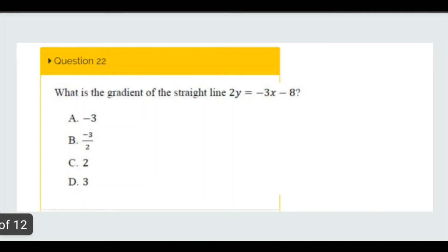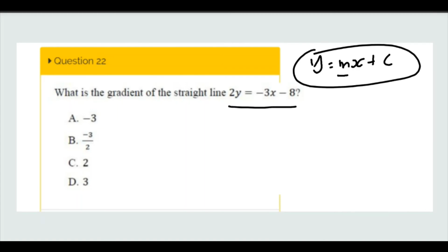So the next one says, what is the gradient of the straight line 2y is equal to negative 3x minus 8? So the gradient, we know for the equation of the straight line, y equal mx plus c, the gradient is m, right? So we got to put this into that form, y equal mx plus c, and m will be the gradient. All we got to do is take over the 2.